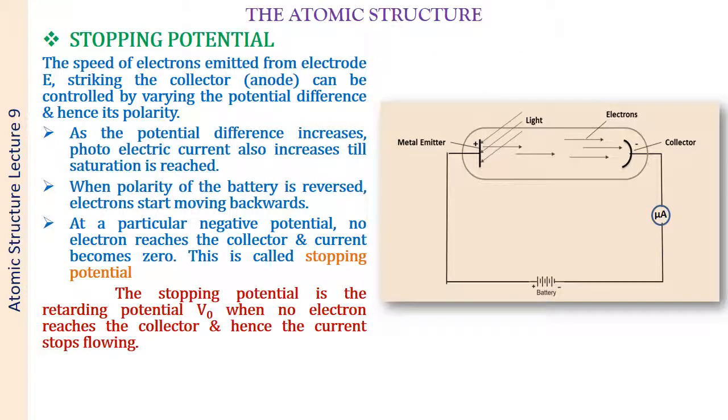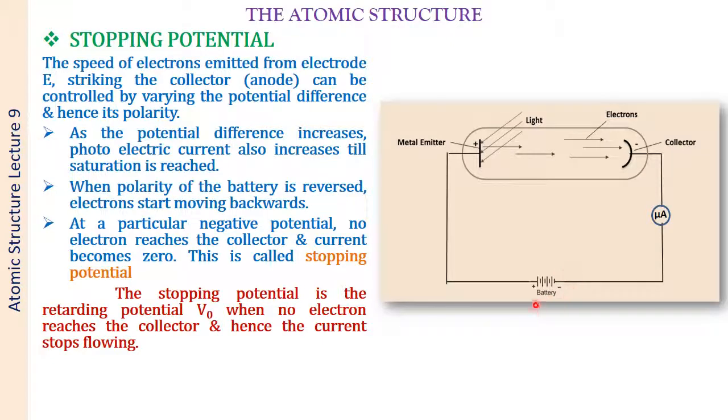So in the last lecture, we discussed the photoelectric effect where light was allowed to fall on a metal electrode which caused the emission of photoelectrons. The electrode emitting the electrons is called the emitter and the one receiving the electrons is called the collector. Do you remember what the polarity of the battery was?